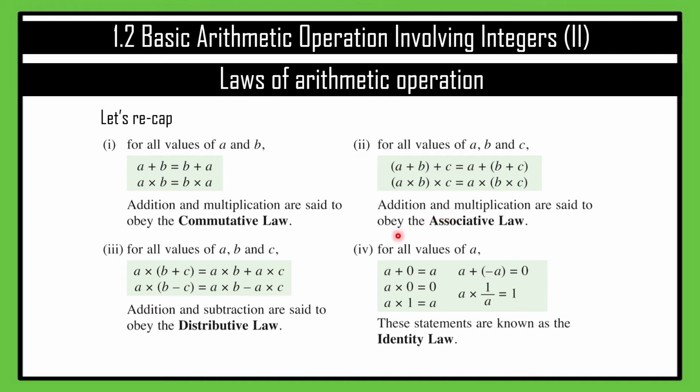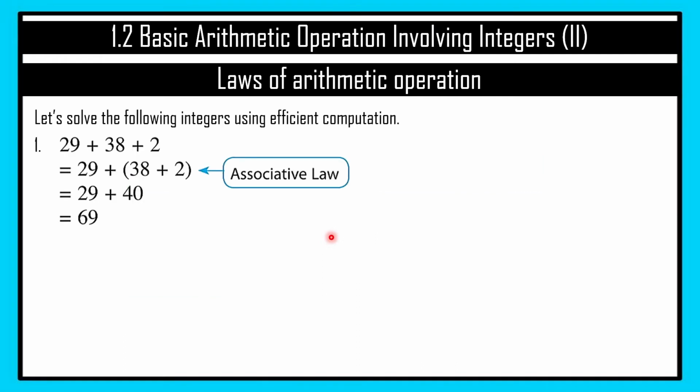Okay, let's see how to use these laws to do some simple calculations. Some of you may disagree with what the law is going to show, but let's see why it is like so. Number 1 is 29 plus 38 plus 2.